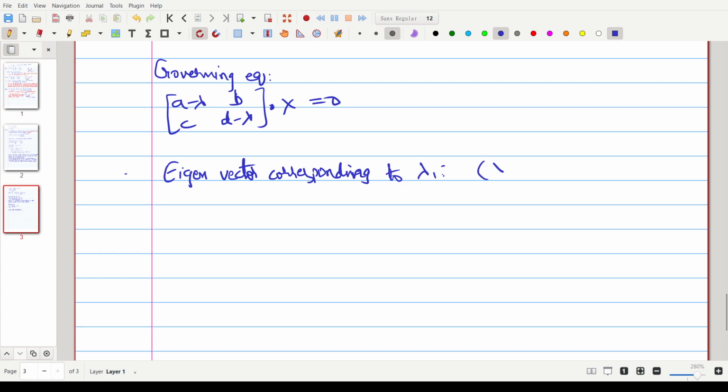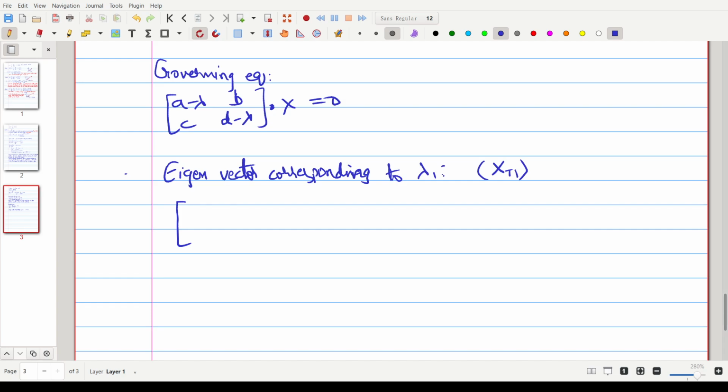Let's say that is x lambda 1. What we do is we reduce this governing equation.